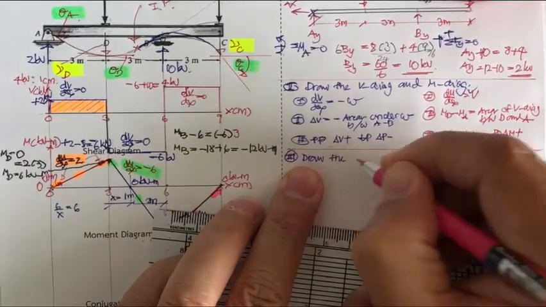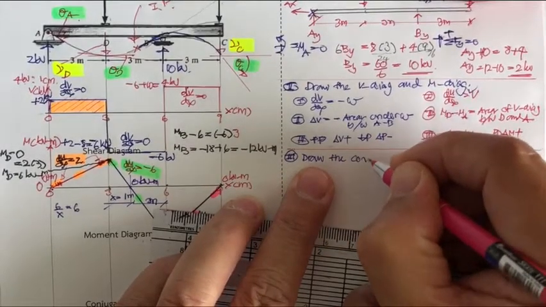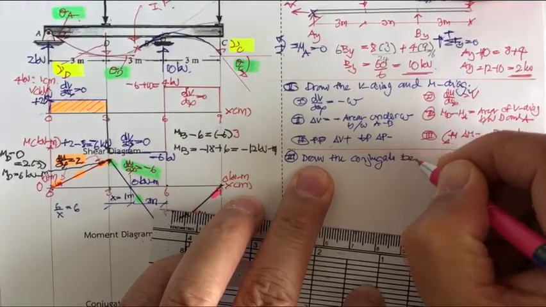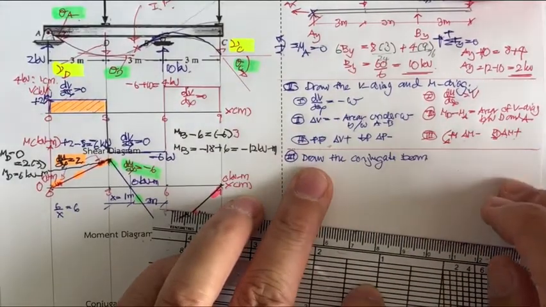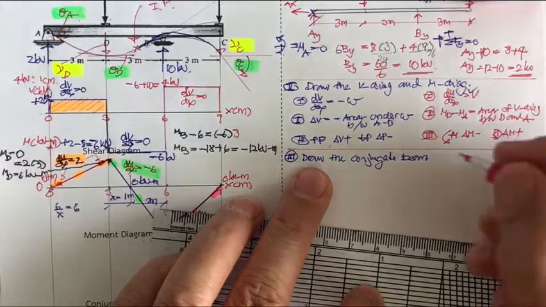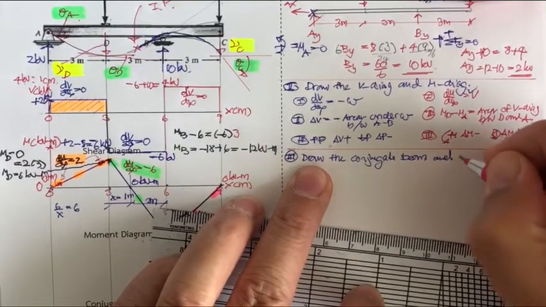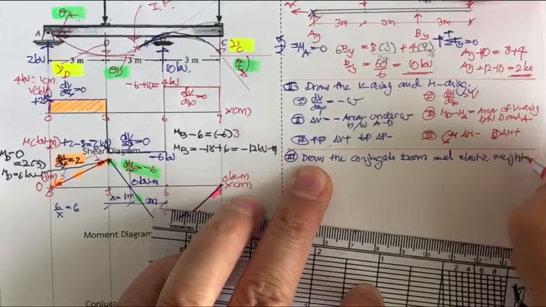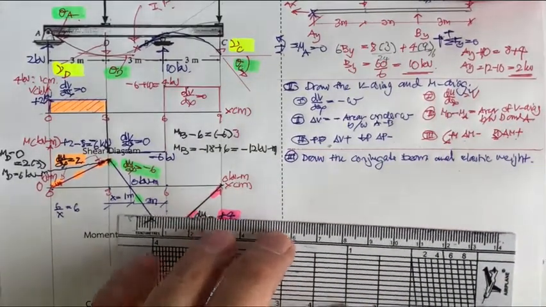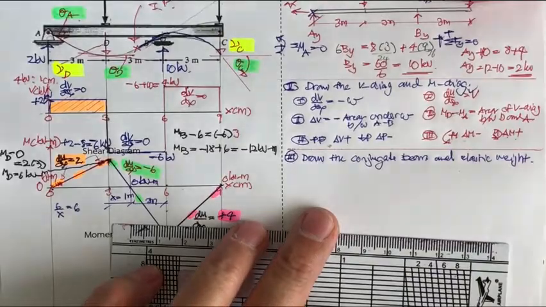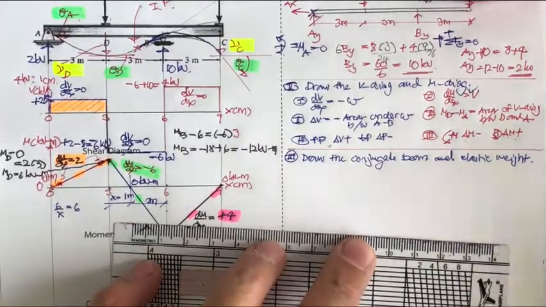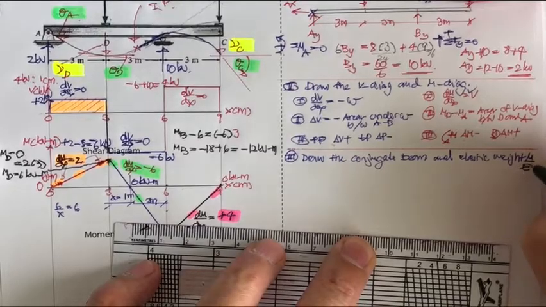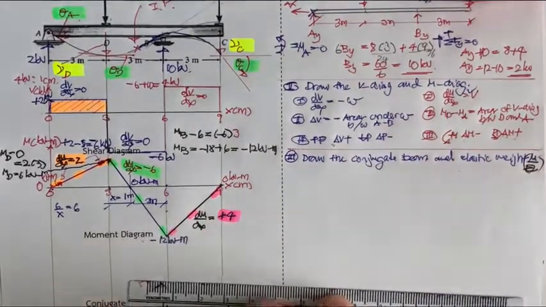Draw the conjugate beam. The elastic weight is just the moment divided by the EI.